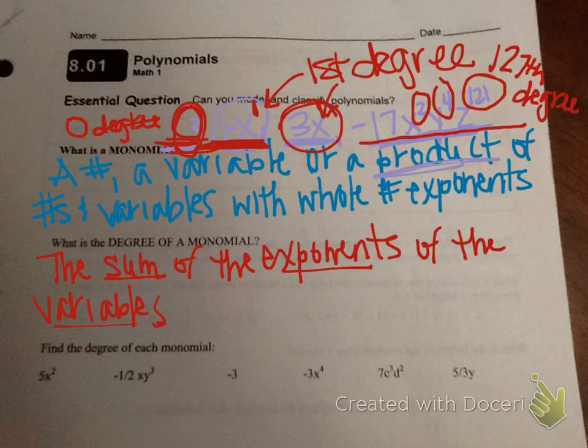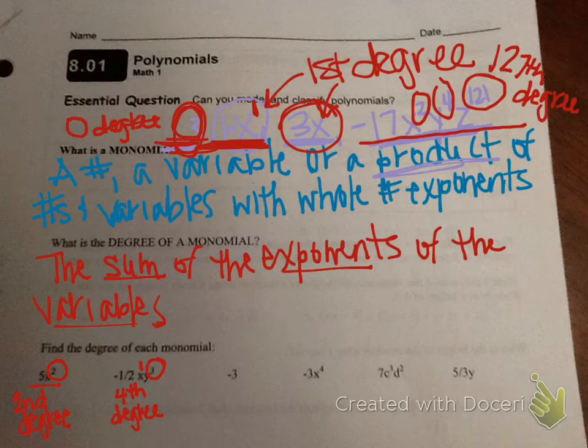So if we look at the monomials down here, the degree of 5x squared is just the second degree. This has an exponent of 3, but the x has an exponent of 1. So we add those together, we get a 4th degree monomial.